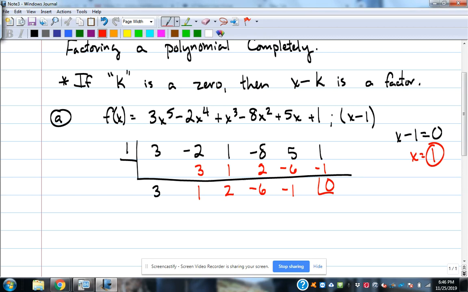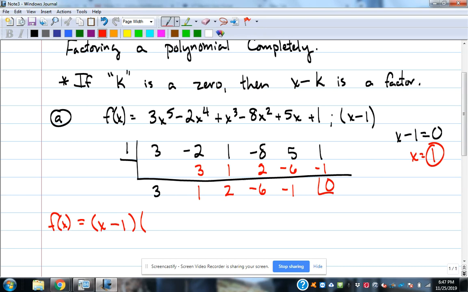What that tells us is that x minus 1 is a factor. The polynomial starts factoring as x minus 1 times something, because when you do synthetic division it takes the polynomial from the degree it starts out with, the degree being the highest exponent on x, fifth, and goes down 1 because we divided by something that was just a plain x.